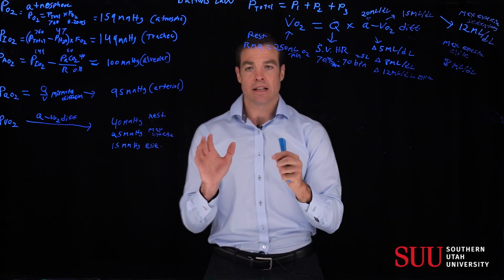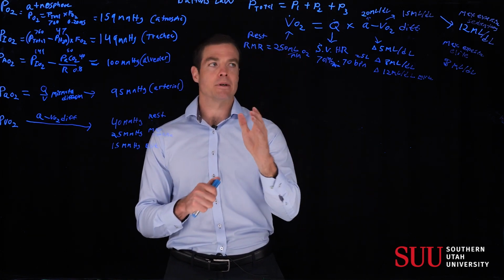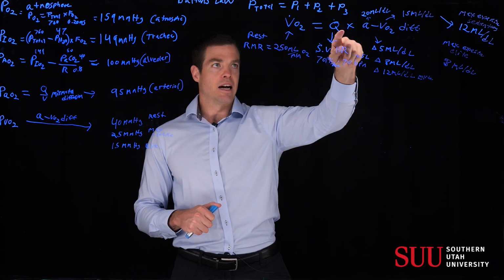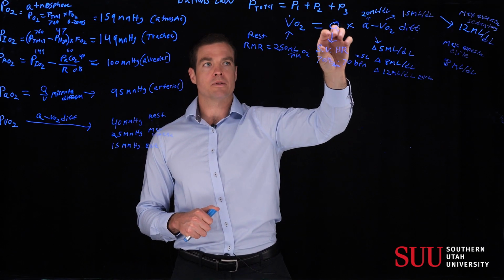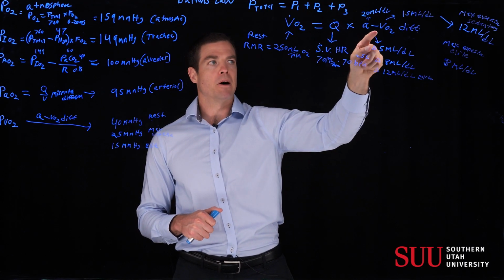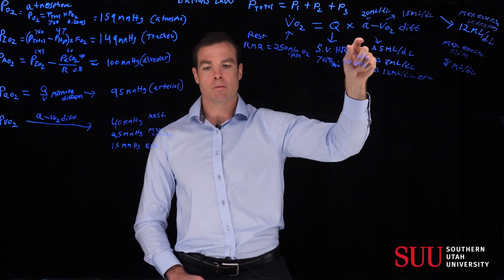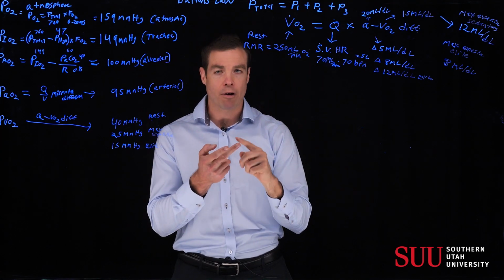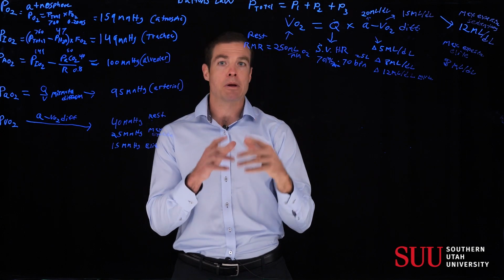And the reason why that can happen is because the Q is their stroke volume, how strong their heart is, but this AVO2 difference is basically their capillary density, how effective their mitochondria are, and how many mitochondria they have.